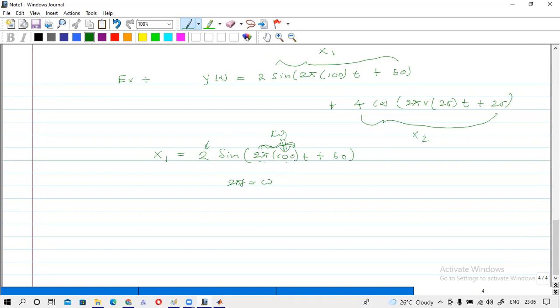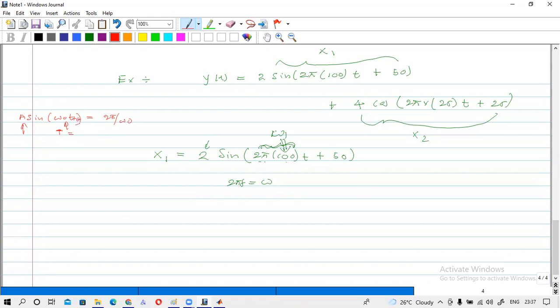So what is the period of this signal? You know that for a sinusoidal signal, if we have a sine signal like sin(ω0 t), the period T is equal to 2π by ω0. Please remember that this fundamental period T is always related with this frequency component, not with the amplitude or the phase.